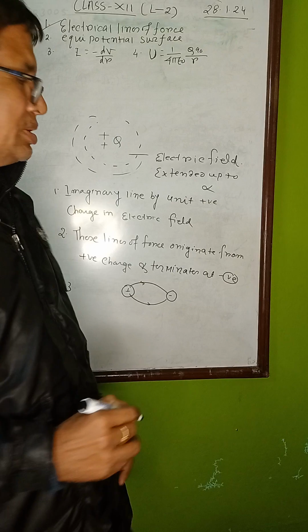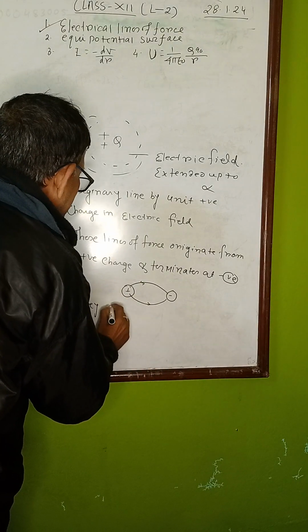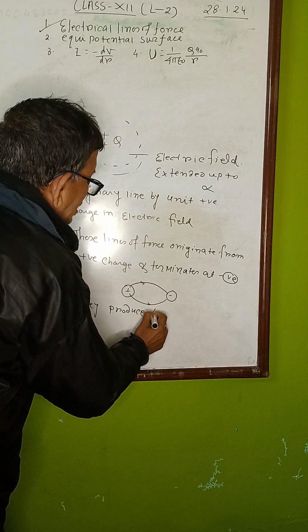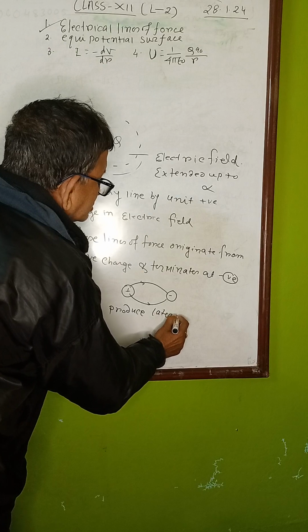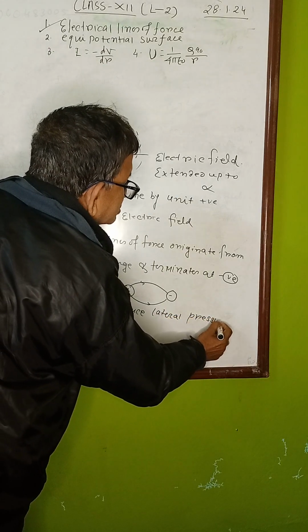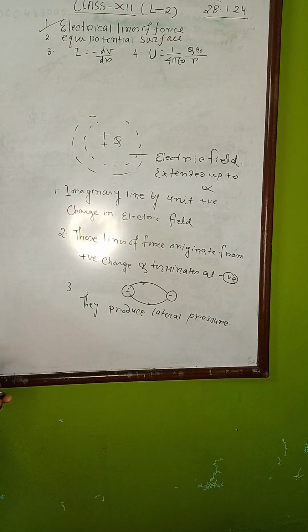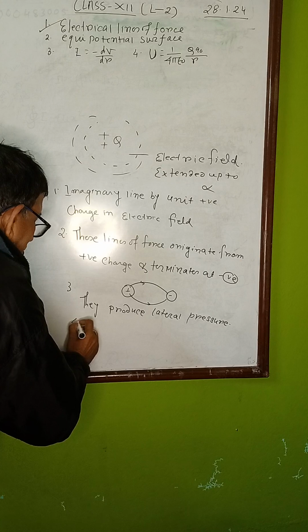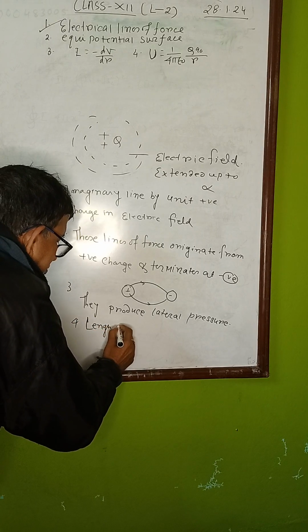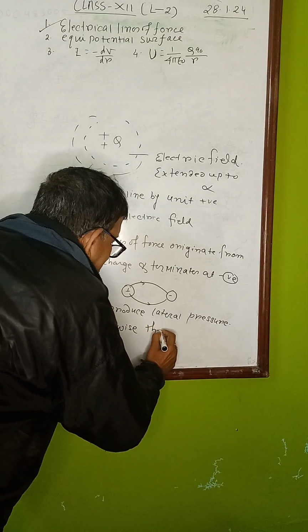Property number 3: they produce lateral pressure. Lengthwise, they contract.